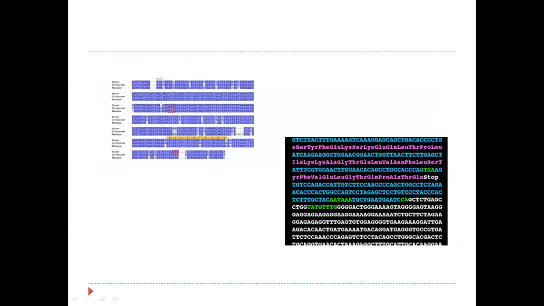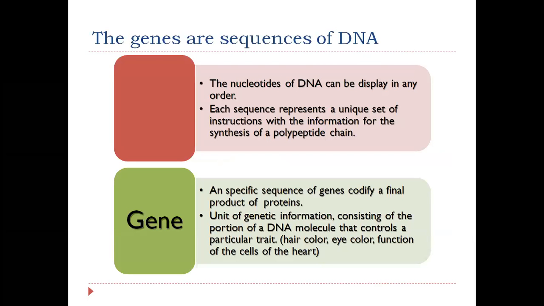So as you see here, we have different sequences of nitrogenous bases that will make different types of amino acids if we are working on making proteins. So the genes, the nucleotides of DNA can be displayed in any order. So each sequence will represent a unique set of instructions with the information for the synthesis of a polypeptide chain.